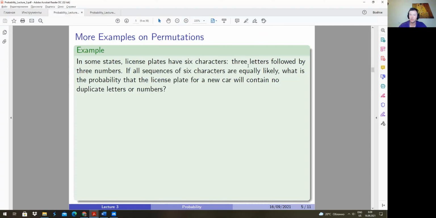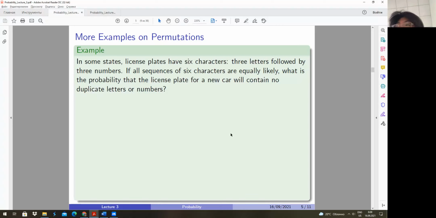So you can tell me how we calculate the total number of license plates. Where should we start? I think there are 26 letters.